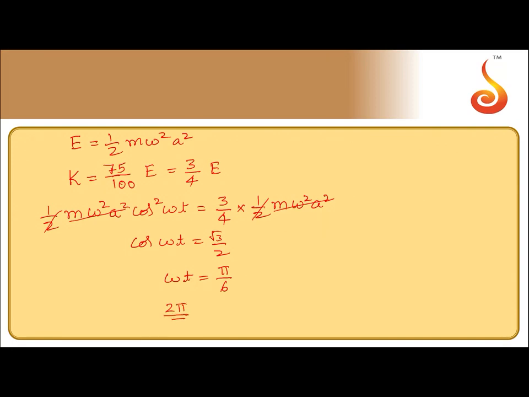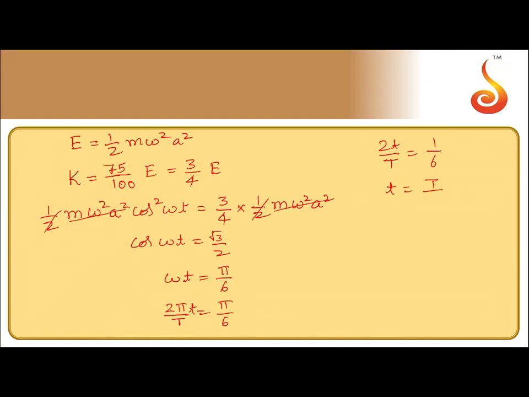So 2 pi by T. They have given time period, so you need to find t. So 2 pi by T into t is equal to pi by 6. So pi gets cancelled. You're left with 2t by T is equal to 1 by 6.